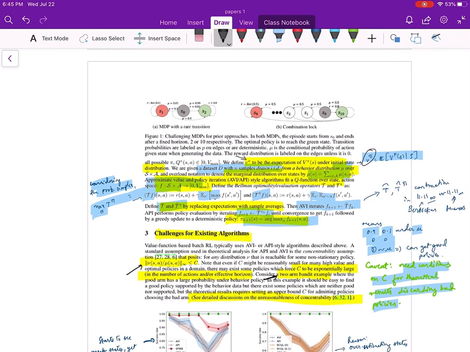If you see the value of mu here, which is 0.99, it's really high, and once you start in S0 or S1 states, you would end up in S2 state with 90% probability. So let's see this combination lock.